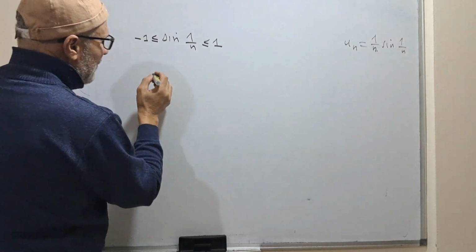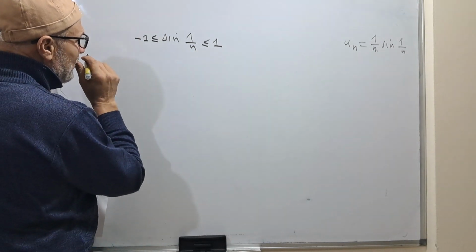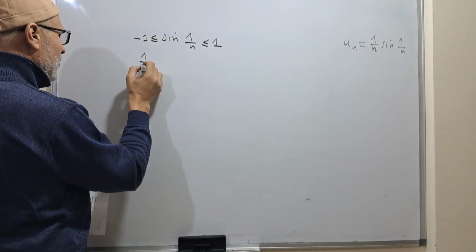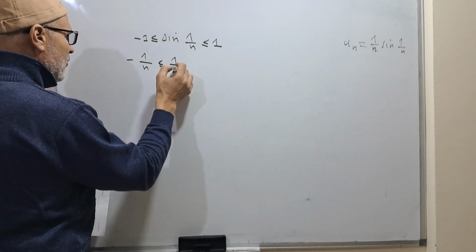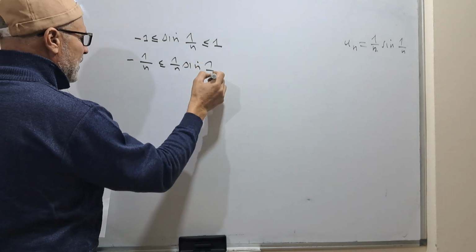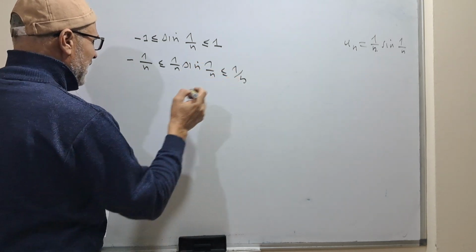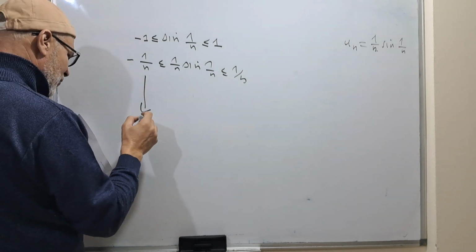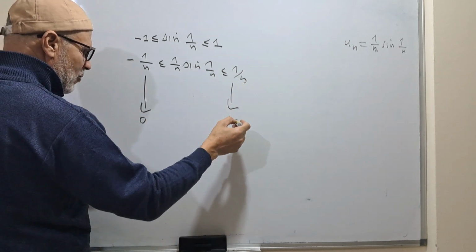So when we multiply this double inequality by 1 over n, we get 1 over n sine 1 over n, which is less than 1 over n. And when n goes to plus infinity, this goes to 0 and this goes to 0.